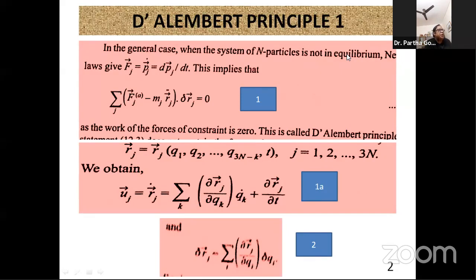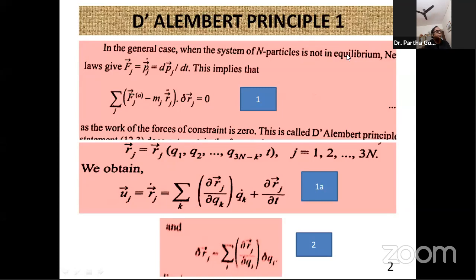And suppose there are k constraint equations, then the total number of independent coordinates will be 3n minus k, and these 3n minus k independent coordinates I denote by q1, q2, q3, and so on up to q(3n minus k).